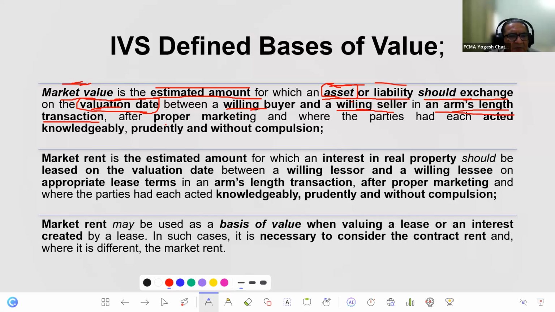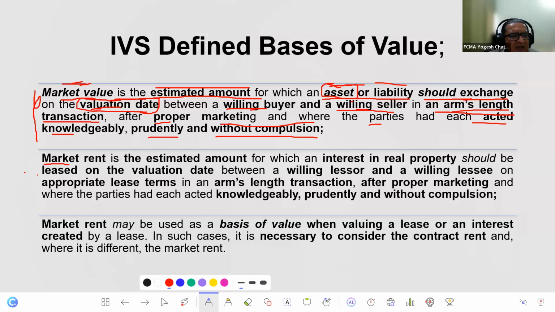That is very important, and it should be done after proper marketing, where the parties had each acted knowledgeably, prudently, and without compulsion. There should not be any compulsion for either party to enter into the transaction. So that is the meaning in brief of market value.